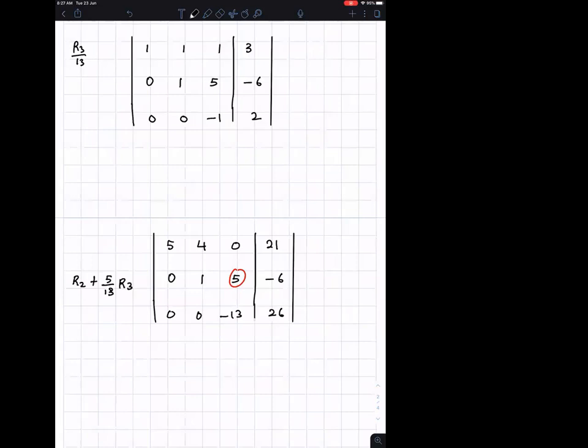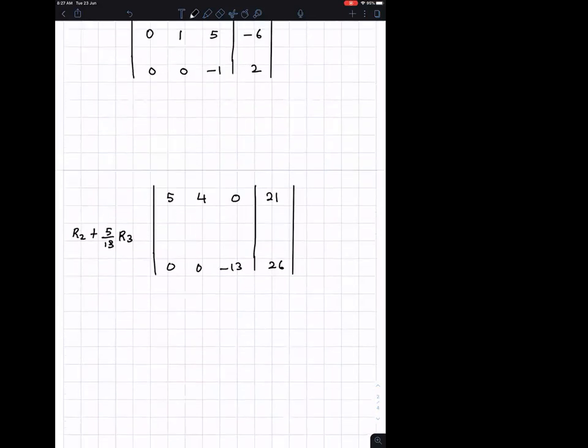So if you do that, let's erase all this. R2 is 0, 1, 5, minus 6. 5 over 13, R3 is 0, 0. Then this is minus 5, right? And then this will be 5 over 13 times 26, is how much? 5 over 13 times 26 is 2.